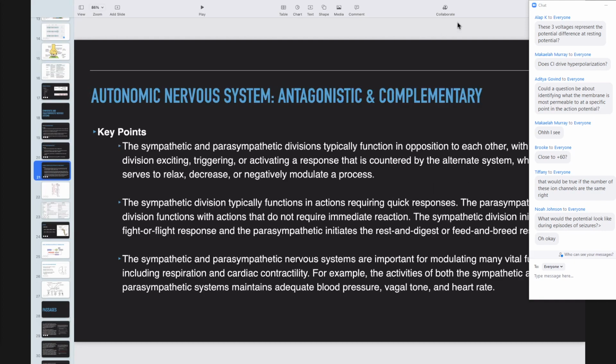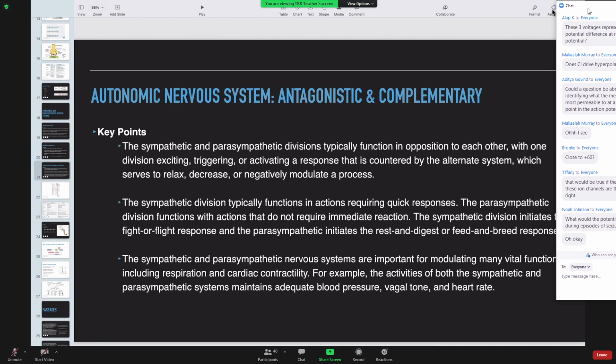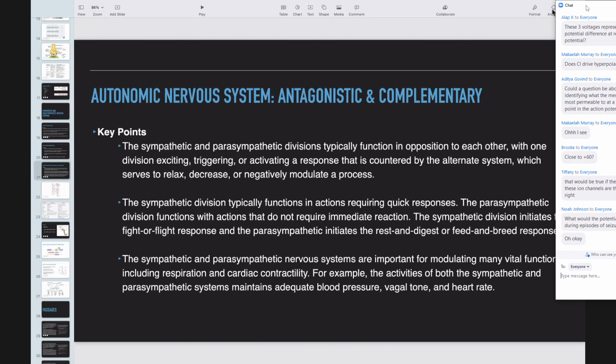So the autonomic nervous system, they're antagonistic and complementary, right? They innervate the same organs, but they do opposite functions. And so they are constantly battling and working together to control the function of all your internal organs. So when you need to relax, the parasympathetic system will take over and the sympathetic system will kind of shut down for a bit.